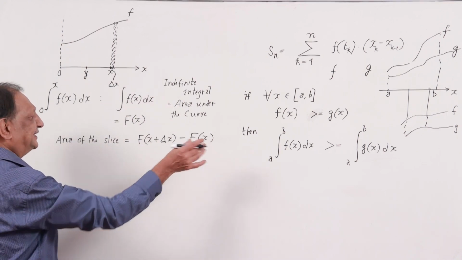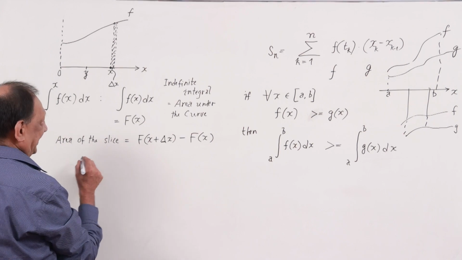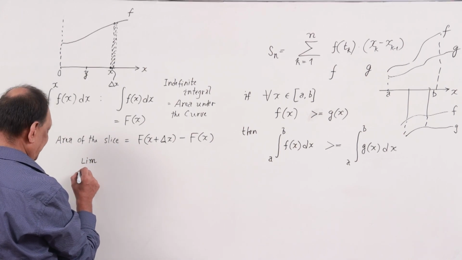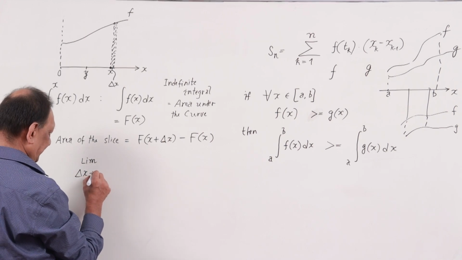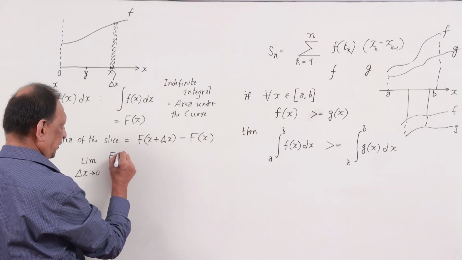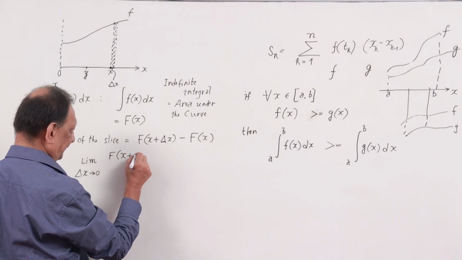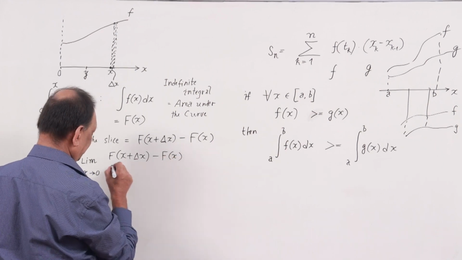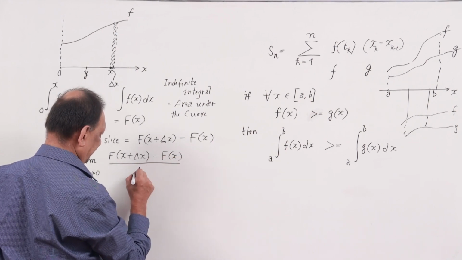So now I divide this by delta x and take the limit. So we take the limit of this: limit as delta x goes to 0 of F of x plus delta x minus F of x divided by delta x.